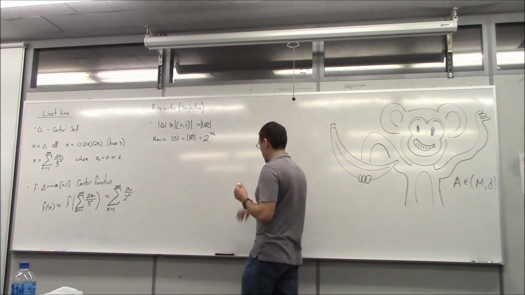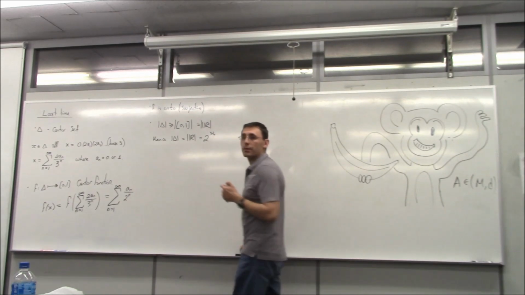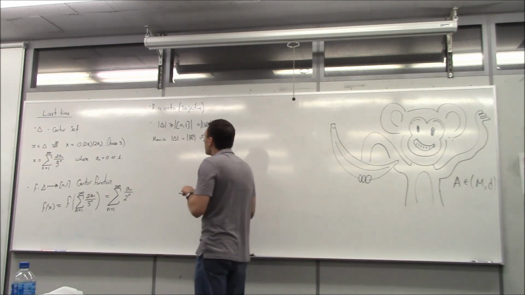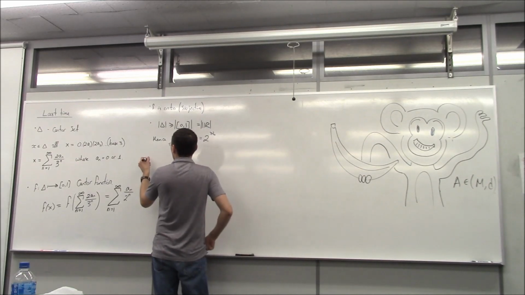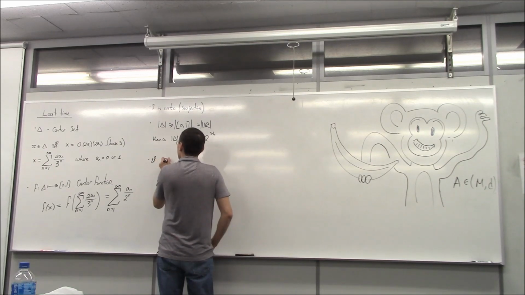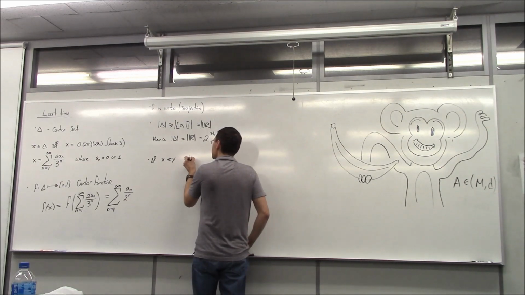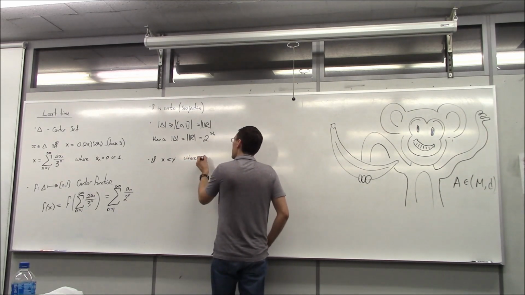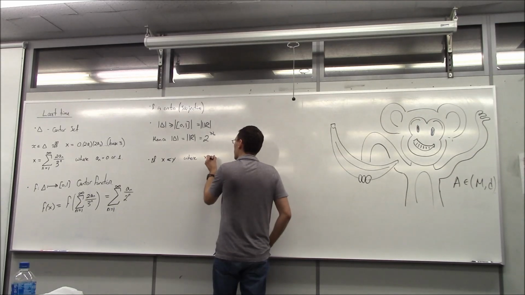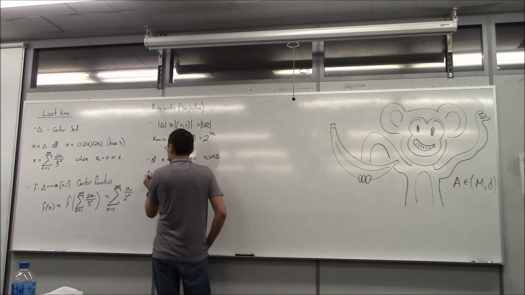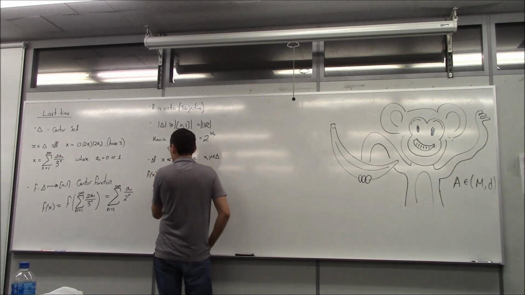So far it's clear. Then another slightly more difficult property of the Cantor function. Maybe I'll show you how to do it. So the following: if x is less than or equal to y, where both x and y are elements of the Cantor set, f of x will be less than or equal to f of y.